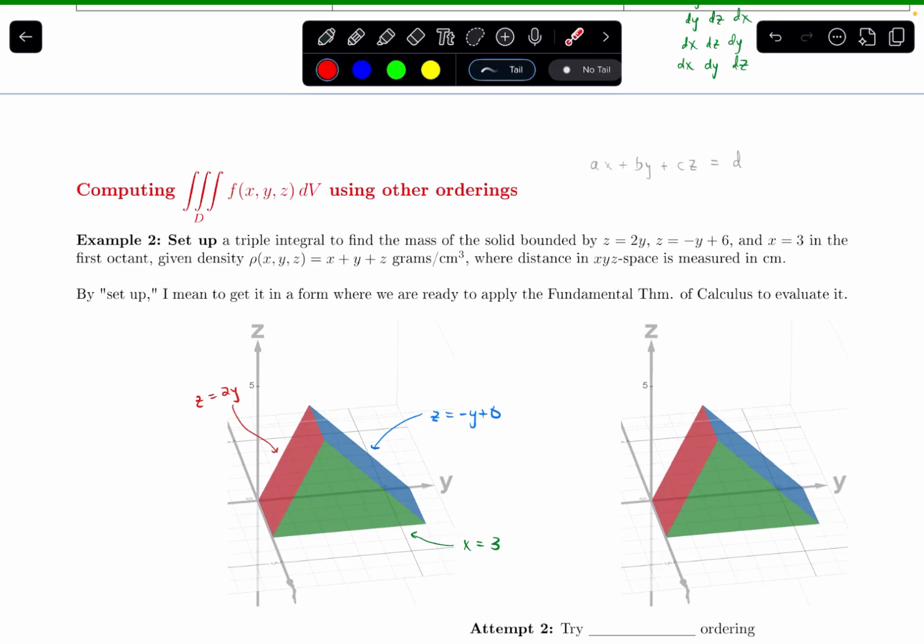Some of the quick ways I can tell that are, well, with x equals 3, I notice that every single point here is on 1, 2, 3 on the x-axis. Every single point, no matter how high up we go, has x coordinate 3. For z equals 2y, if I think about my yz plane, I would ordinarily think of this as a line that goes through the origin.